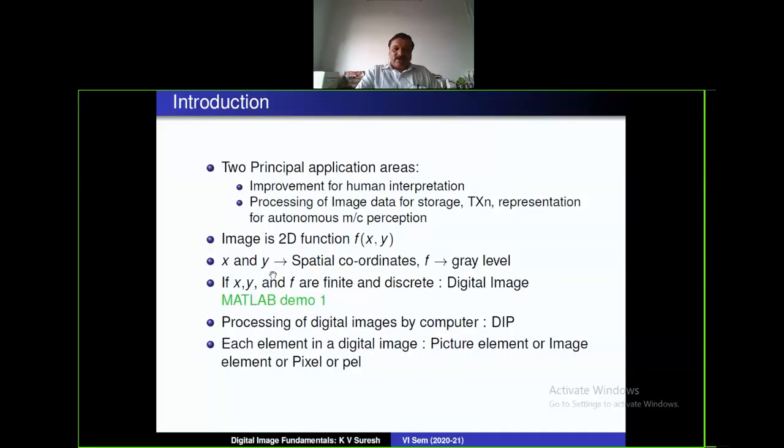So x and y are called spatial coordinates, and f is called the gray level. Now, if all these three are finite and discrete, that means your f will have discrete and finite values, and even x and y will have discrete and finite values, then we call such an image a digital image. All the three should be discrete, then we call it a digital image.